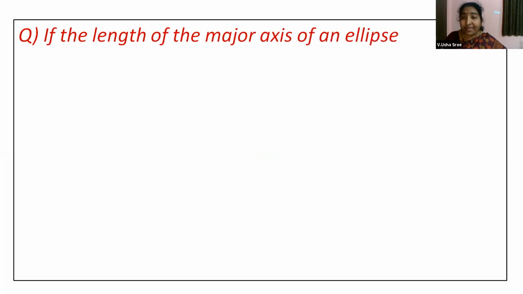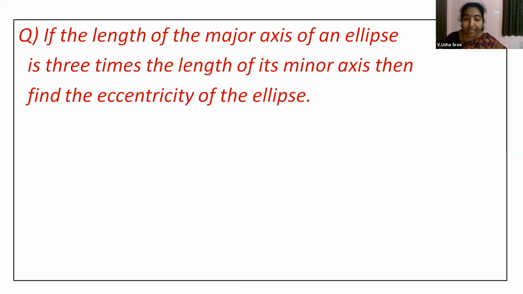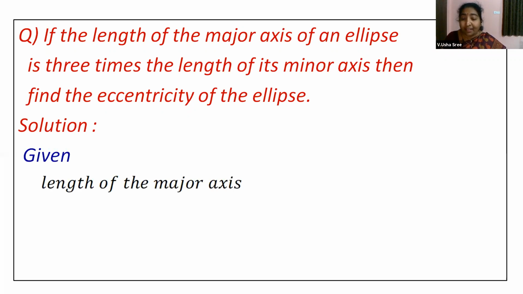Now, the next problem. If the length of the major axis of an ellipse is 3 times the length of its minor axis, then find the eccentricity of the ellipse. This is the question. Now, what is given to you, children? Length of the major axis of an ellipse is 3 times the length of minor axis, right?